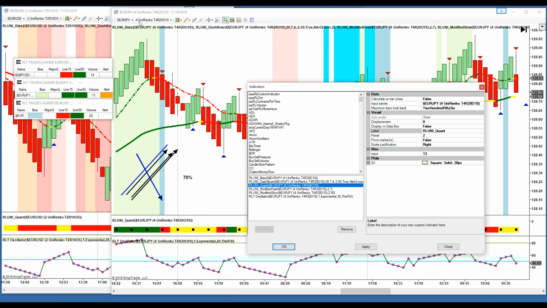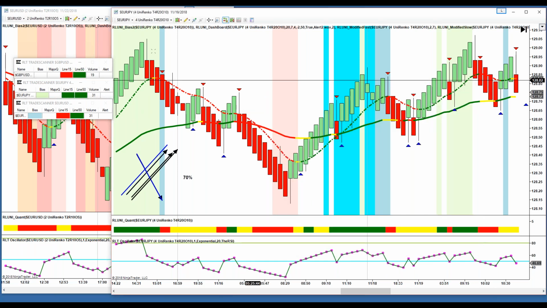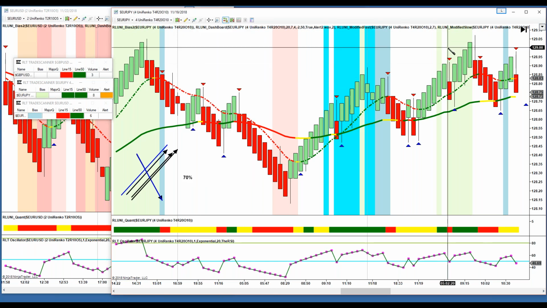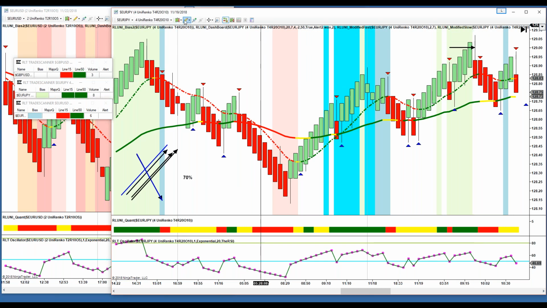I mean, you're looking for maybe 5 to 6 entries a week, and you're looking to ride those entries a long, long way. What we give you is the ability to change the speed of the quant lines and background bias. Remember that multi-time frame alignment and trend on the higher time frames has to correlate with the speed of your trading chart.